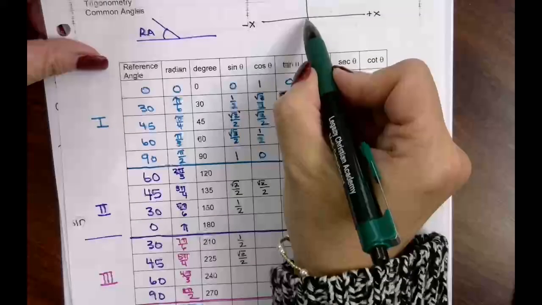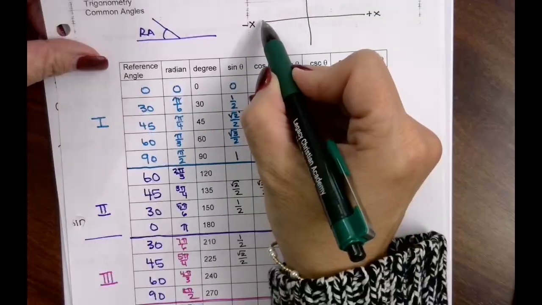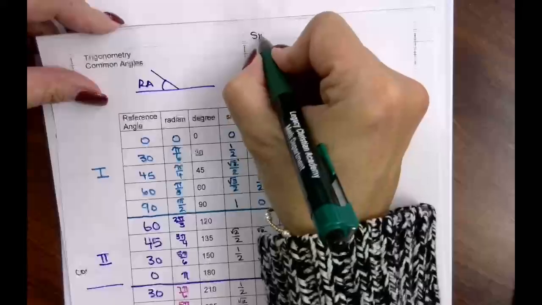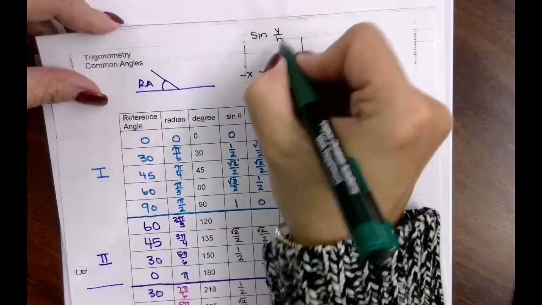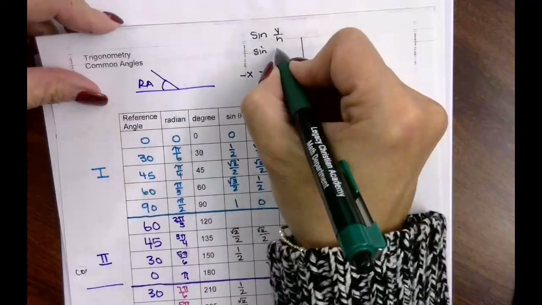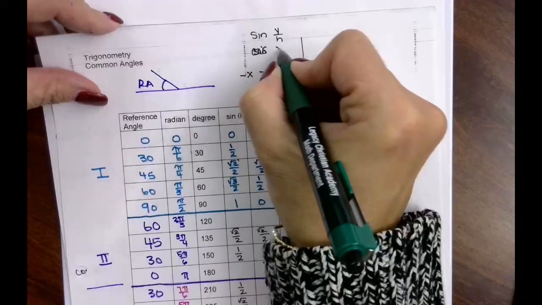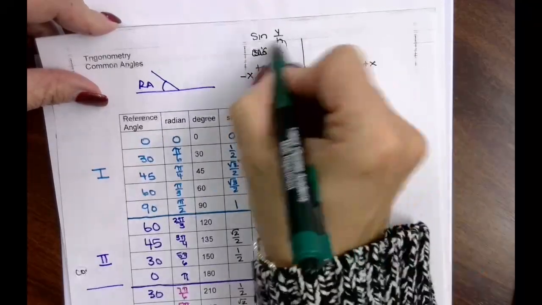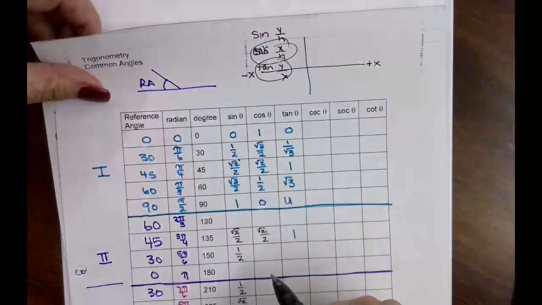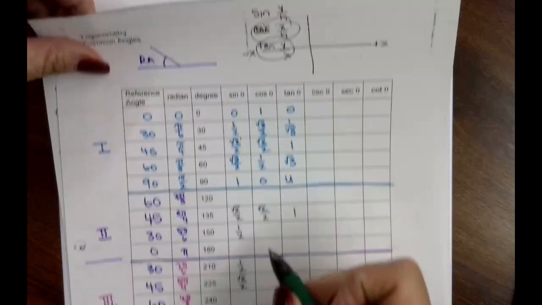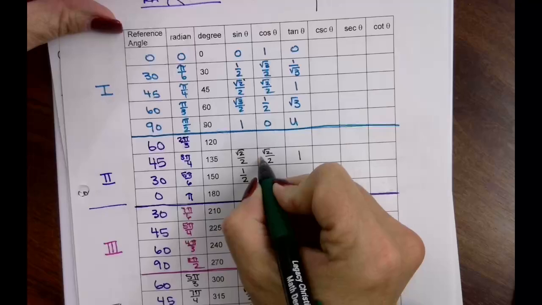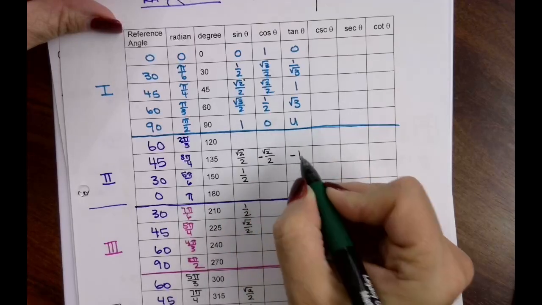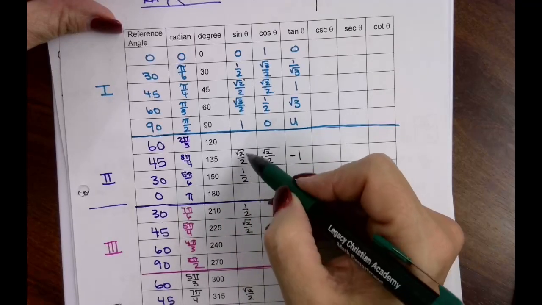So in the second quadrant, since x is negative, that means if I go back, I have sine of y over h, cosine of x over h, and tangent of y over x. So here I have an x and here I have an x. That means cosine has to be negative in those two quadrants. So cosine is negative and tangent is negative. And what you see is I have positive sine values.